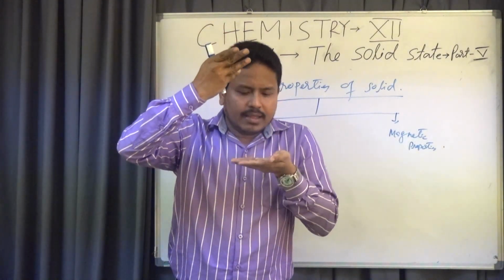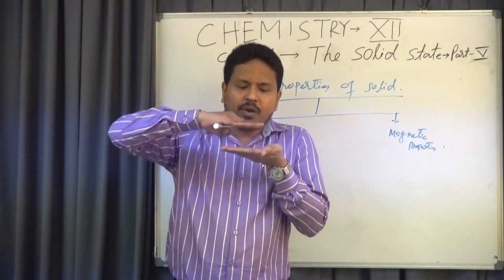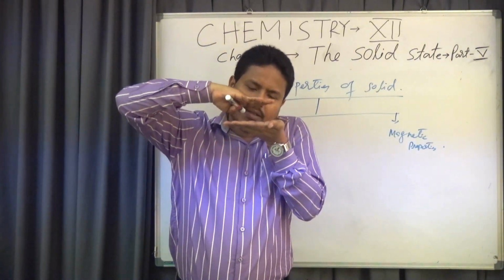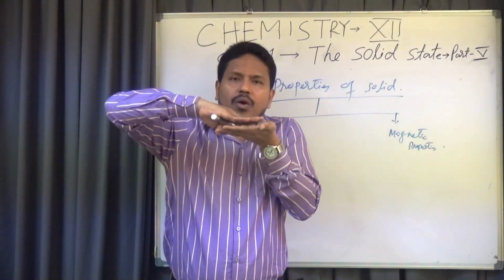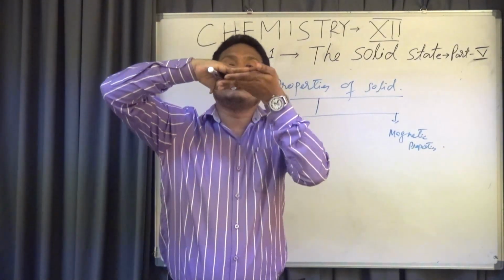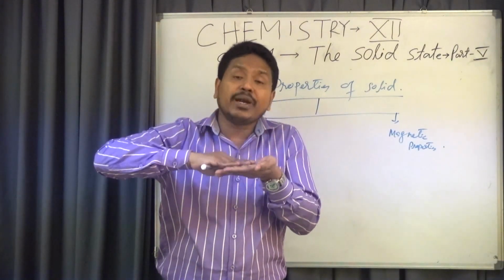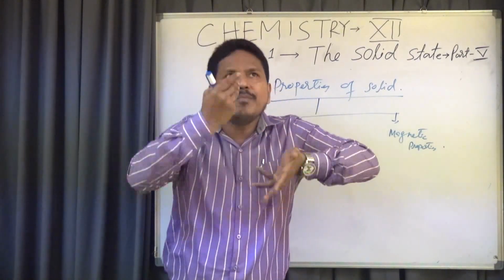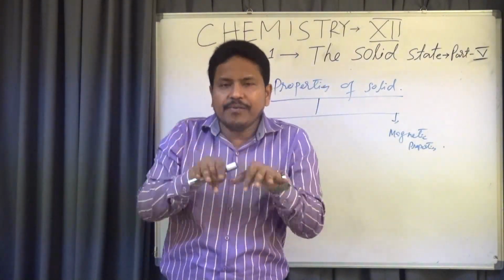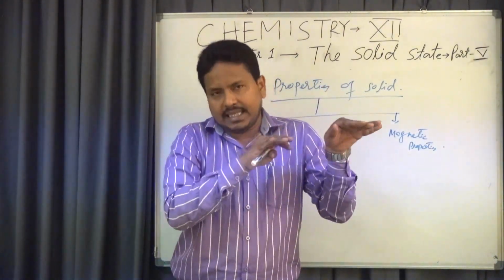In a conductor, the valence band and conduction band almost coincide. So an electron can easily move from the valence band to the conduction band. There is no energy gap between the valence band and conduction band. The electron can easily move, so due to the movement of free electrons, it will conduct electricity.